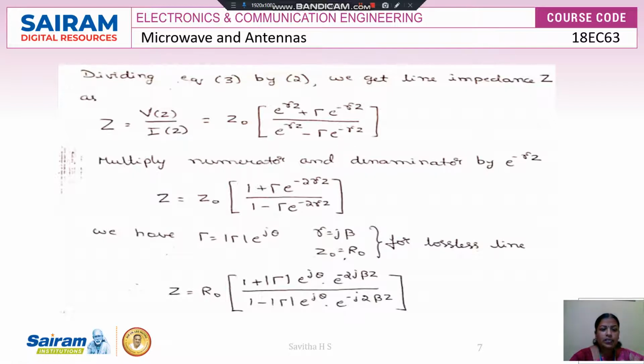Now we have the reflection coefficient equal to its magnitude times e to the power of j theta, and gamma is equal to j beta and Z naught is equal to R naught.